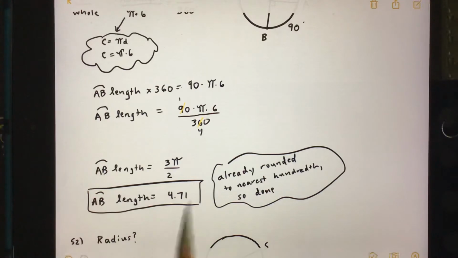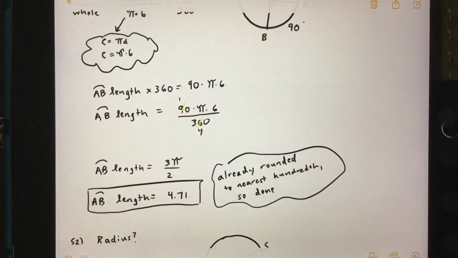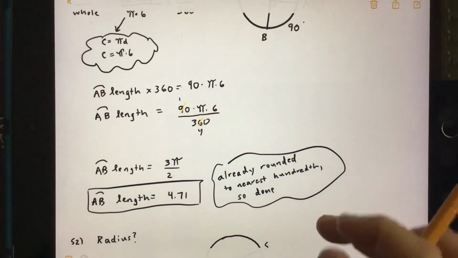Now you'll get the same answer if you multiply 90 times pi times 6 and divide that by 360. So either way, you can either do the reducing if that looks like it's an easy route for you, or just throw all the numbers in your calculator. We're always rounding to the nearest hundredth unless we're told otherwise, and since again on my calculator all I see is 4.71, I'm done with sample 1.